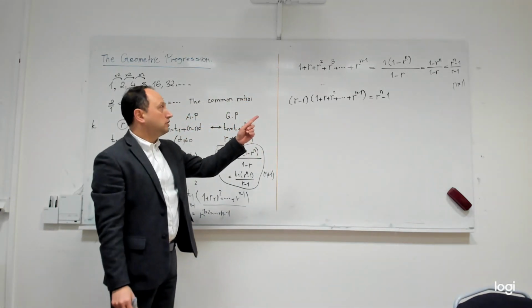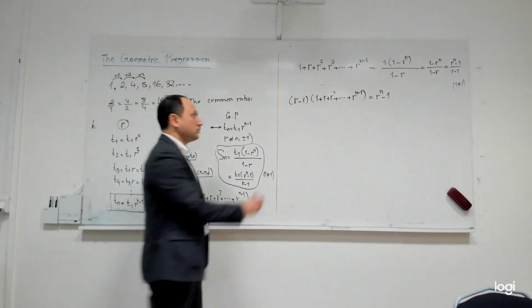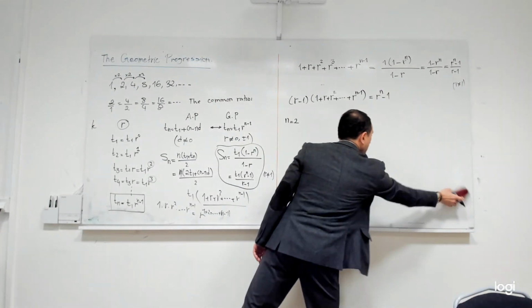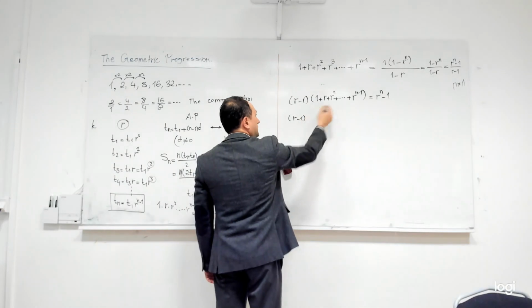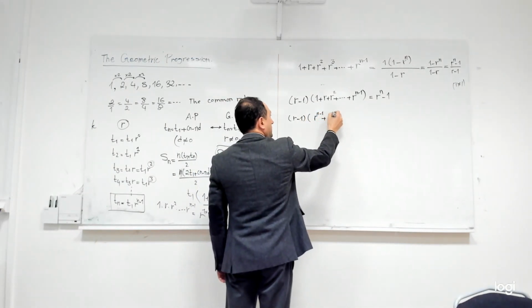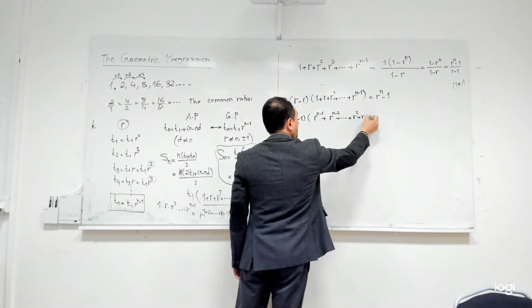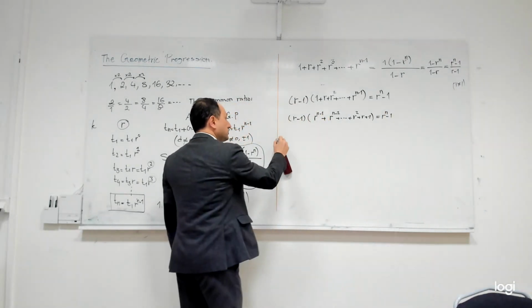This formula for conjugate pattern is clear. If I choose n equals to 2, what will happen? Let me write it the other way around. So I would write r minus 1 times, instead of this sum, r to the power of n minus 1 plus r to the power of n minus 2 up to r squared plus r plus 1, is equal to r to the power of n minus 1.